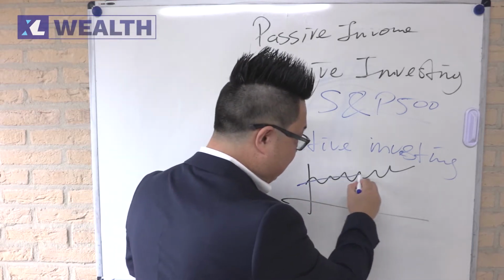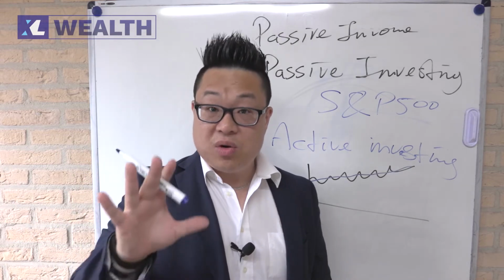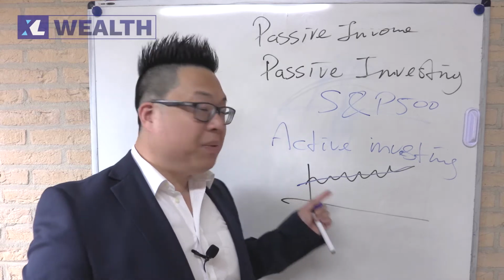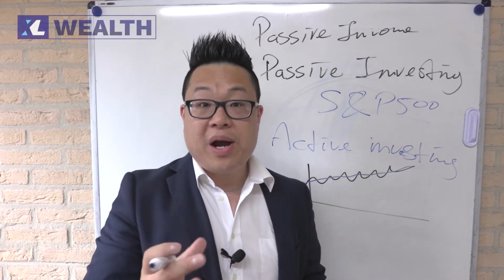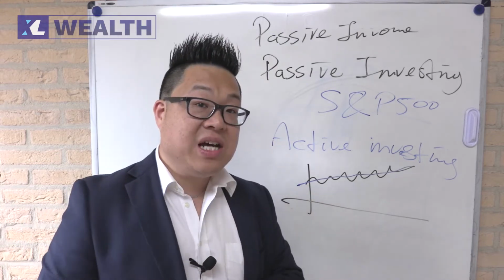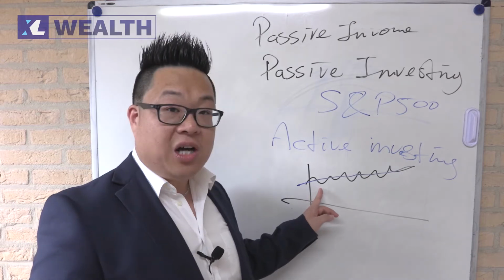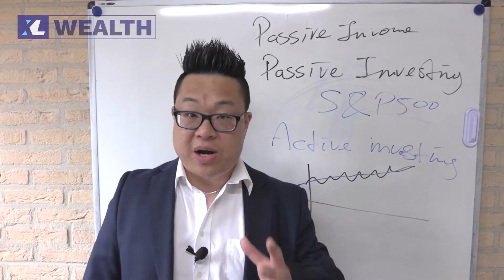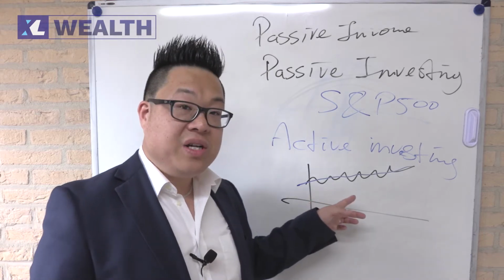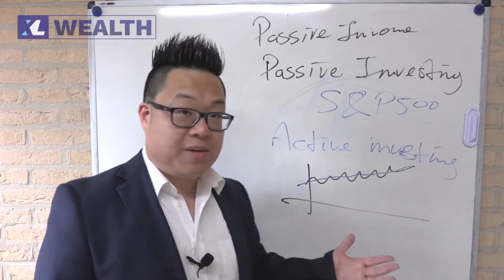The blue line represents the actual value of the company, which just means that it's still growing, and the black line represents the stock price of that company. In active investing, what you would like to do is buy stocks the moment the price is lower than the intrinsic value. So you want to buy every time the black line is below the blue line. It's as simple as that.